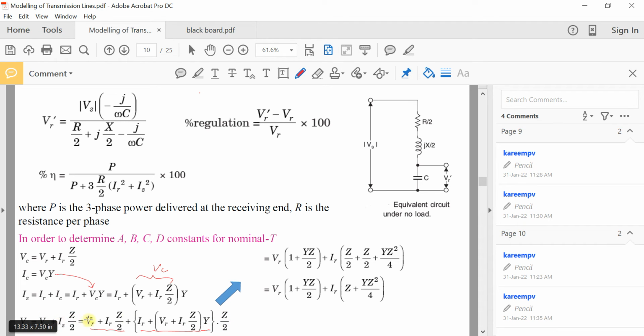So VC plus Is into Z by 2 can be written like this, where this is the expression for VC, and this is the expression for Is from here, into Z by 2.